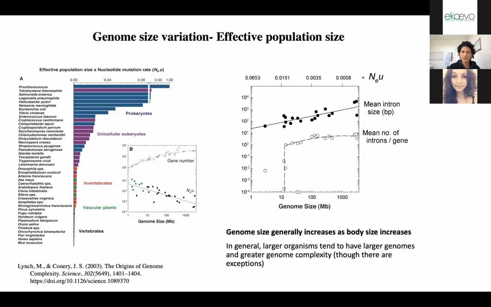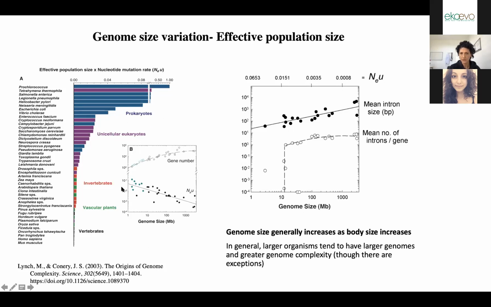So there is a nice study, published in 2003, Lynch and Conery. I'm sorry. They made a link between the effective population size and the nucleotide mutation rate, and they worked on different species' genomes from prokaryotes to vertebrates.